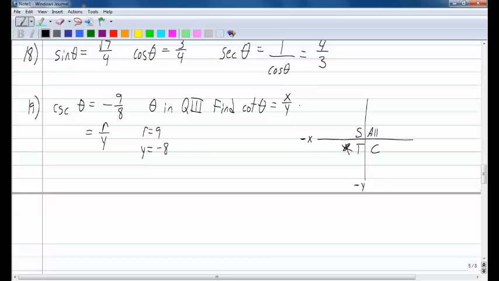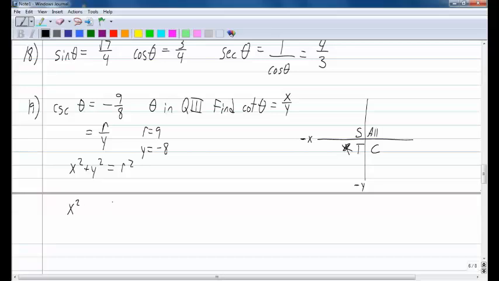So we need to find x. We have y is negative 8. We need to find x. The way we do that is by using the formula x squared plus y squared equals r squared. So plug in what we know and solve for what we don't know. Plug in 9 for your radius, plug in negative 8 for your y, and solve for x.